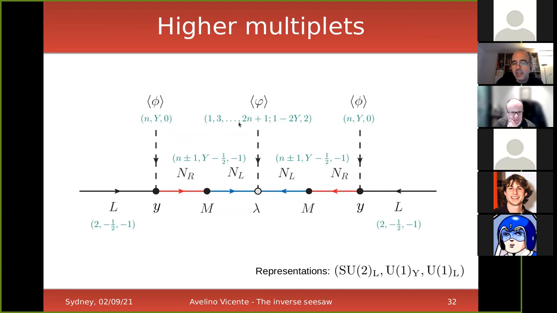And this scalar here in principle also has many possibilities. If these numbers here are defined as n, y, and 0, so n under SU(2)_L, y under U(1) hypercharge, of course, and then 0 under lepton number, then all the other fermions here have to have these numbers here in order for this diagram to be invariant under all the symmetries.